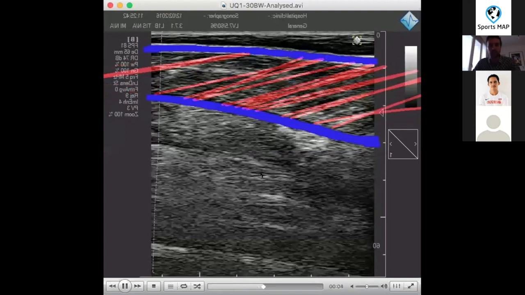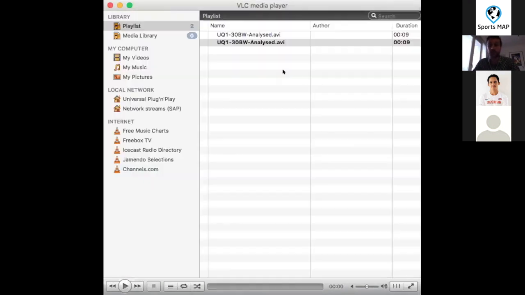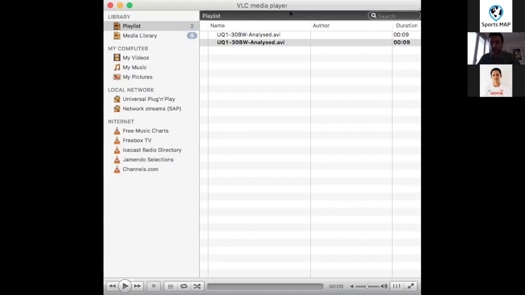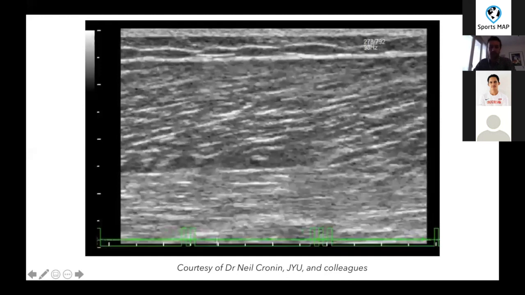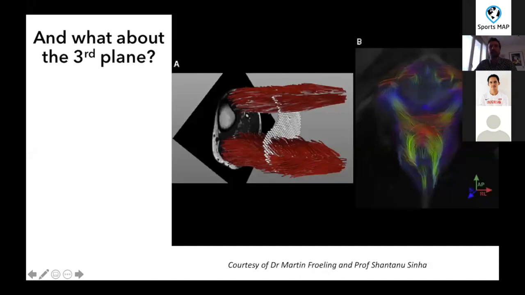Well, what you should see is that this is a fascicle architecture measured by artificial intelligence. So this is maybe something where we should go in the future. And most of all, guys, what about the third plane, the third dimension?